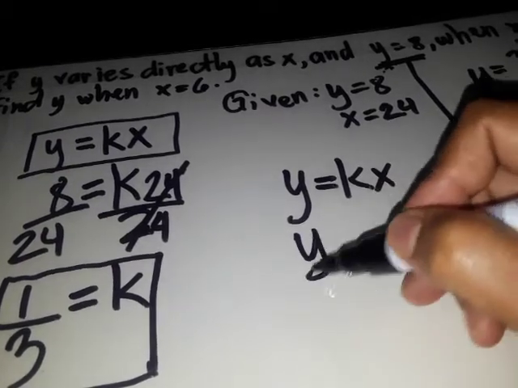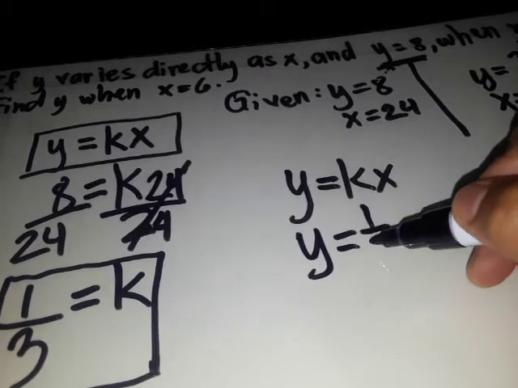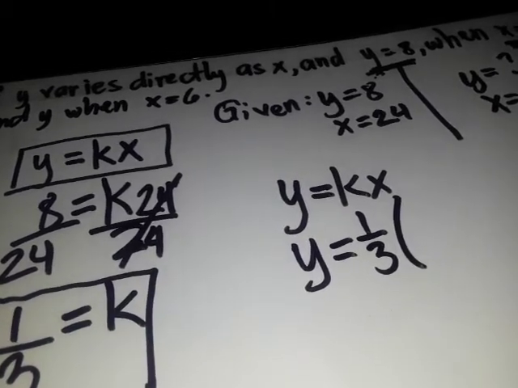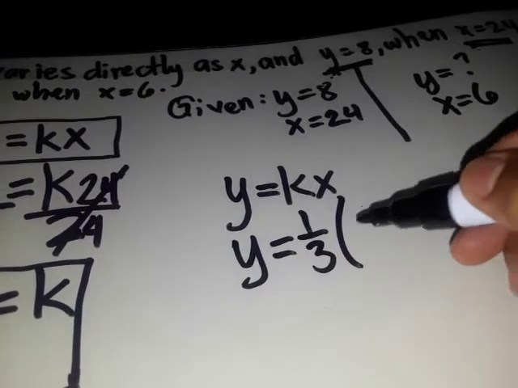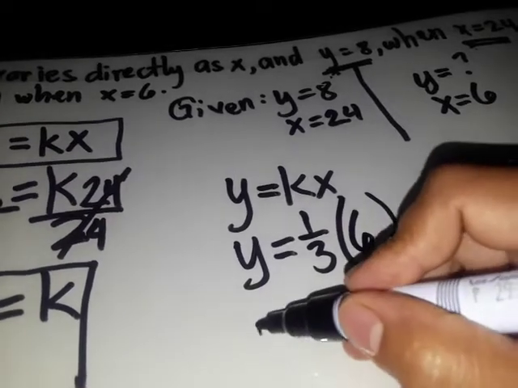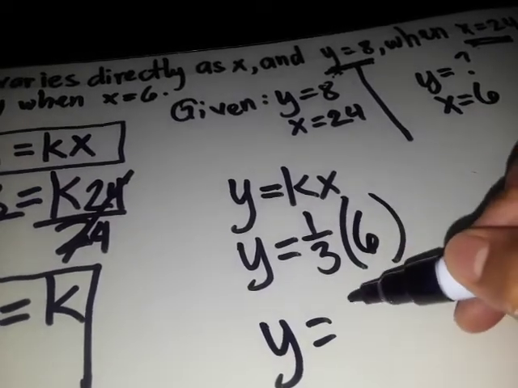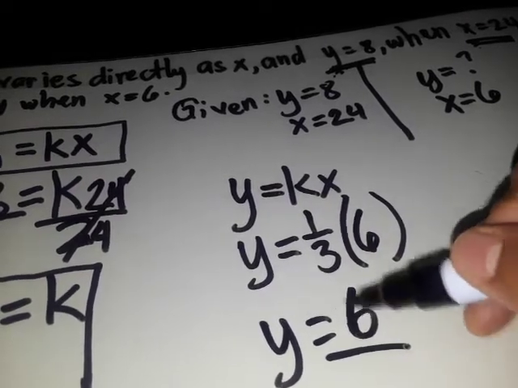So, y is equal to, ang k natin ay 1/3 multiplied with our x, which is, ang given x ay 6. Okay. So, multiply. 1 times 6 is equal to 6. And then, copy 3.